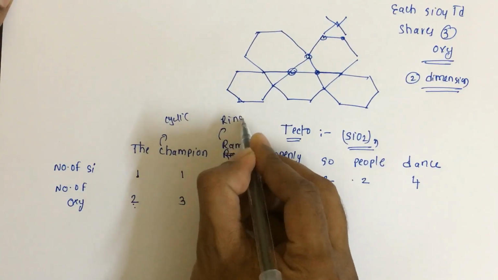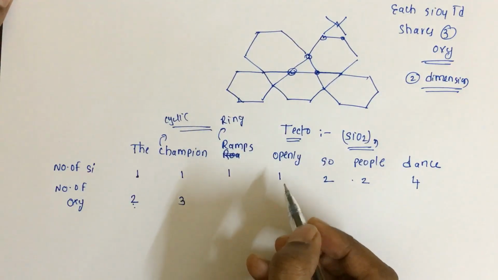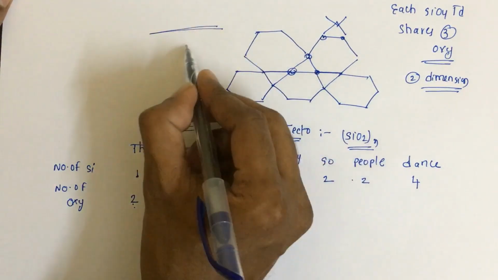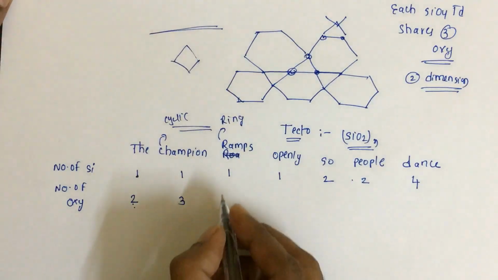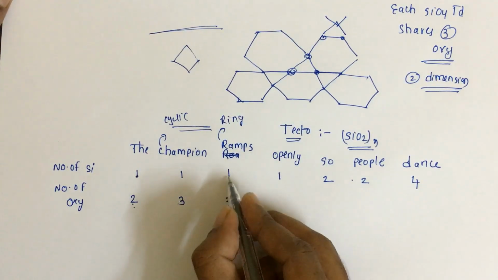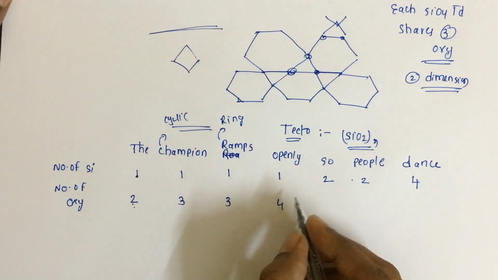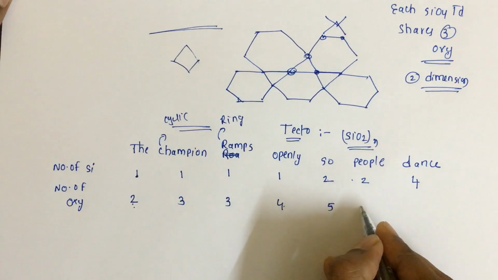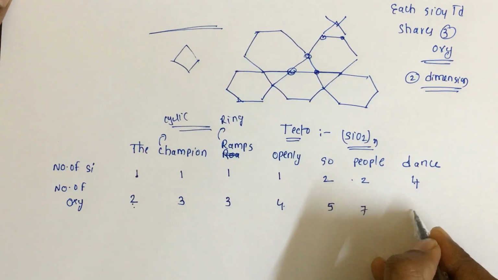I have already said that the only difference between cyclic and ring is the pattern. And now 1 and 3, and O means 1 plus 3 is 4, then 1 plus 4 is 5, 5 plus 2 is 7, 7 plus 4 is 11.